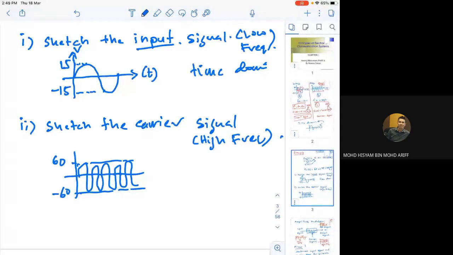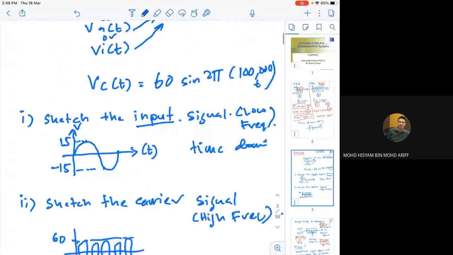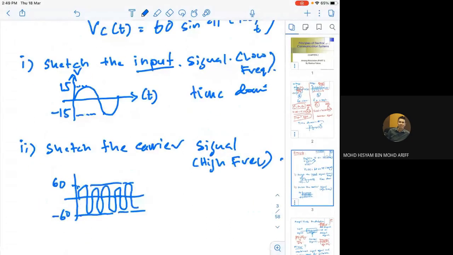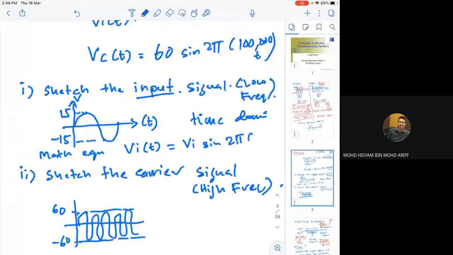How about number one? I gave this. What is the mathematical equation? The math equation is V input t equals VI sine 2 pi f I t.